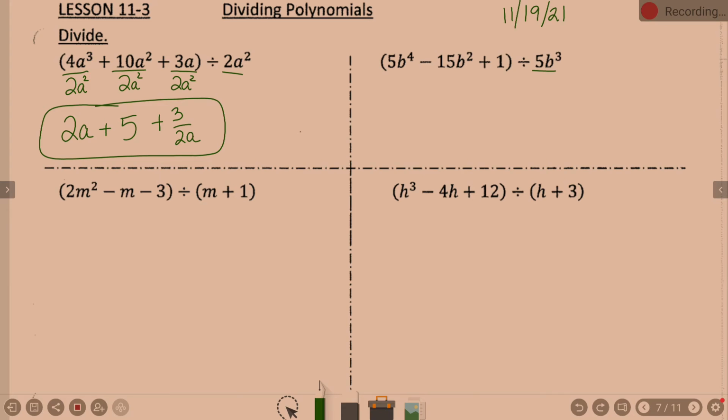Okay, let's do our second example. 5b to the fourth minus 15b squared plus 1 divided by 5b cubed. Okay, divide all the pieces by 5b cubed.